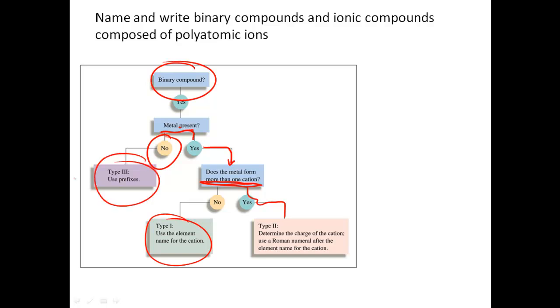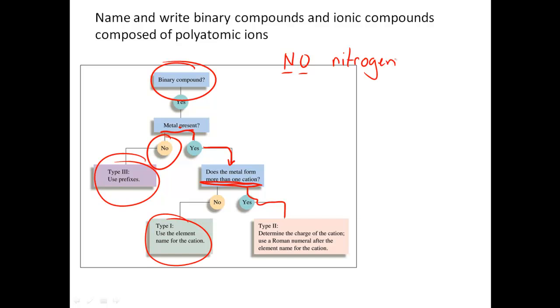In other words, we just have non-metals. Just non-metals present. So, for example, if we see NO, we see that these are both capital letters, so we know they're two separate elements in the compound. We would call this nitrogen.